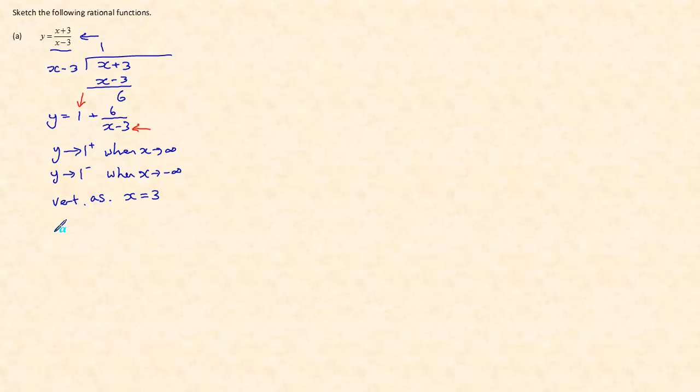We could look for turning points. So u is x plus 3, v is x minus 3.